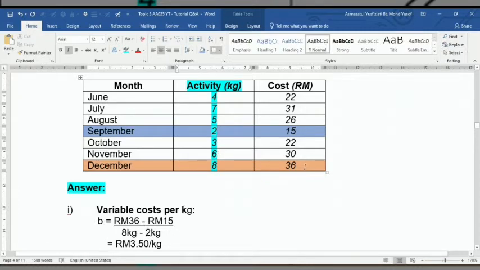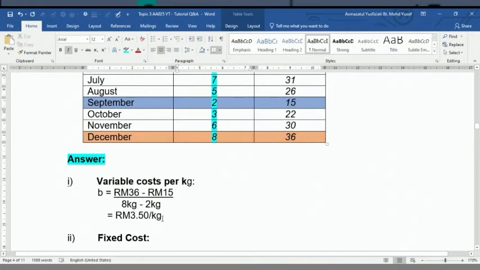So the highest cost here is 36 minus the lowest cost 15, divided by the highest activity 8 kg minus the lowest activity 2 kg. So you solve the problem and then you get B equals 3 ringgit and 50 cent per kg. Okay, so the variable cost is 3.50 ringgit per kg.